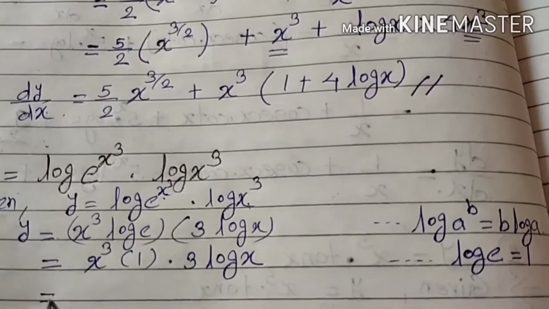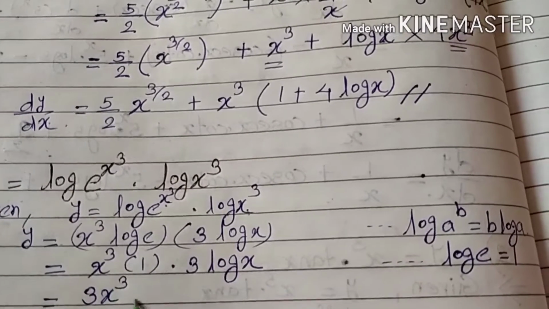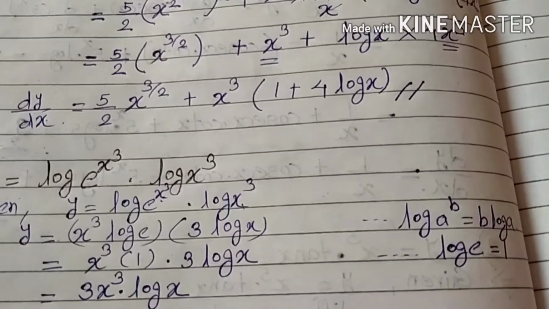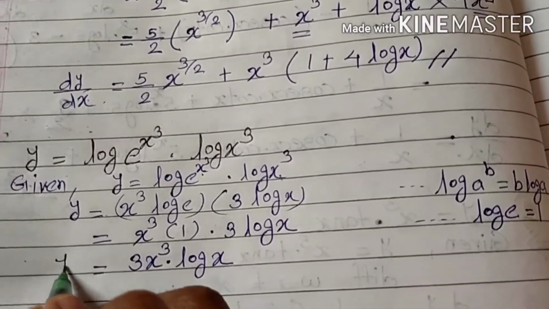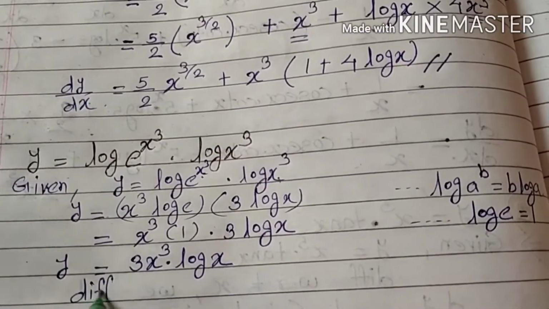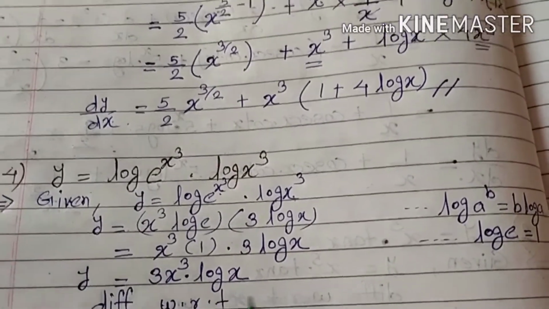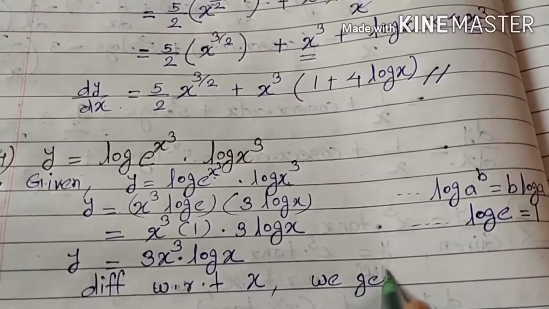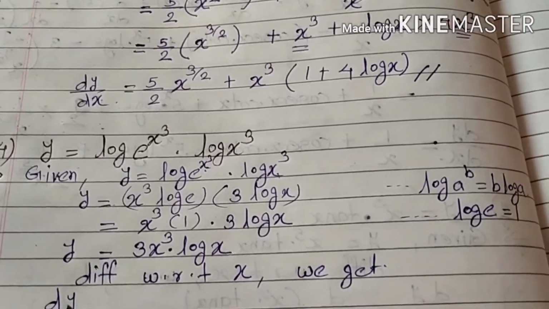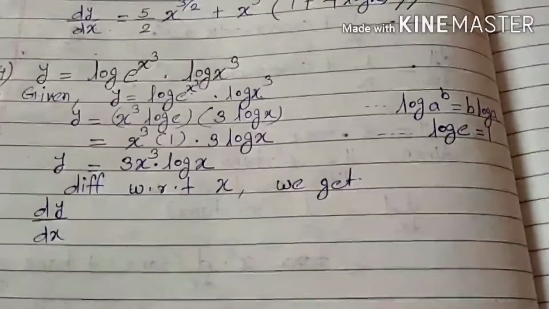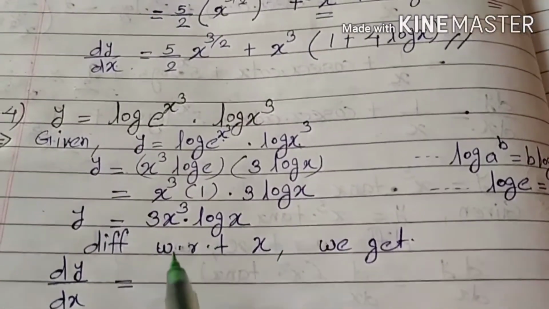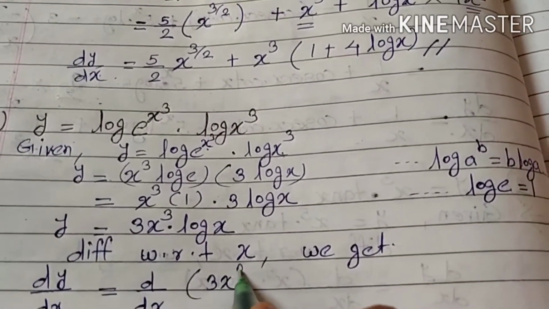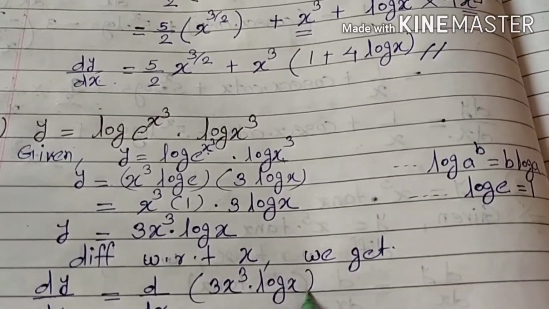So it is 3x cube into log x. Now differentiate it. So differentiate with respect to x, we get, now this is dy upon dx, and this is derivative of 3x cube into log x.